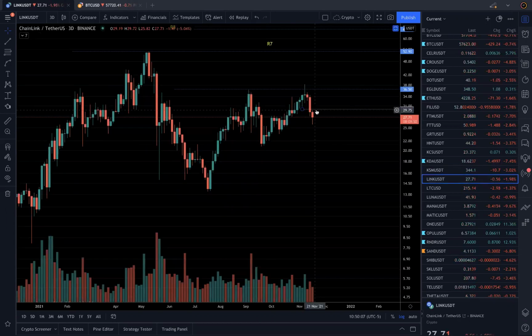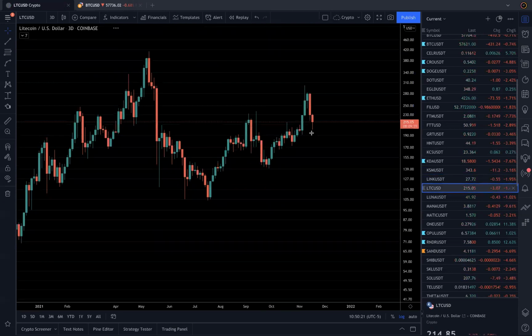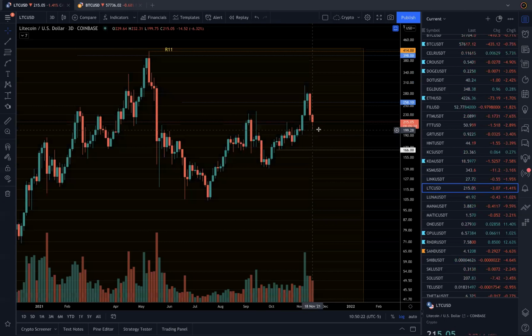Link has broken the support. I'm not going to change the support. You can look at this as the next support, 23, and then this one is 20. LTC, you can look at this recent low as support, and of course this as the last support, 166. After that, nothing.